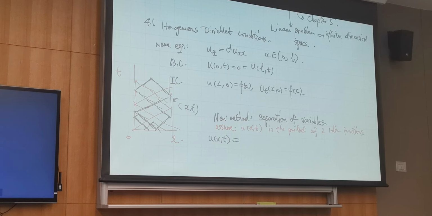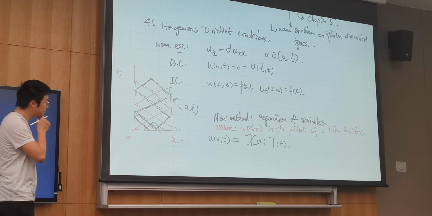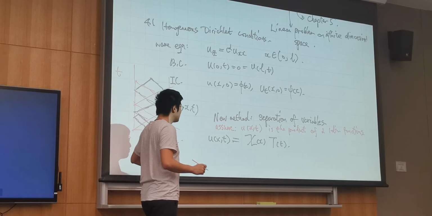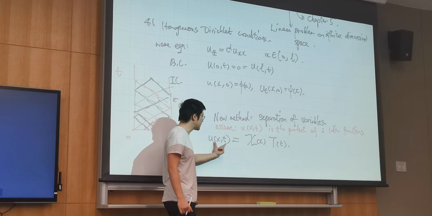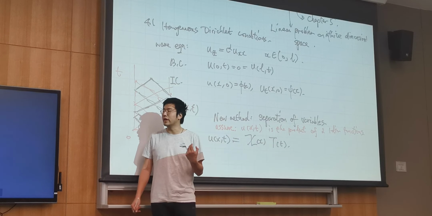One of them is about x, and another is about t. Again, this is the assumption. I assume that u(x,t) could be written as X(x) multiplied by T(t).